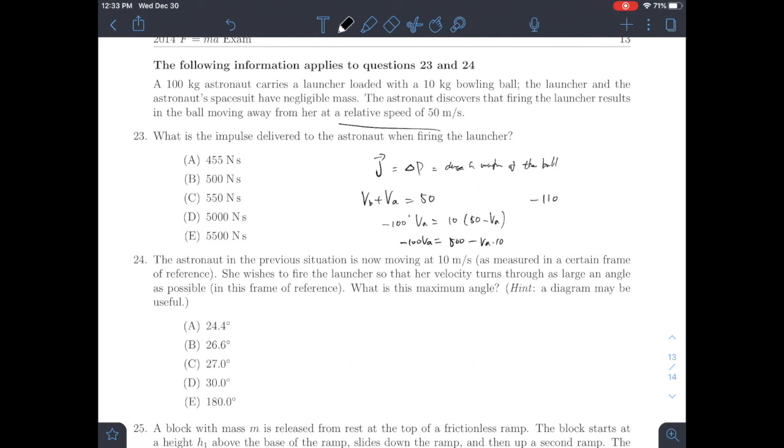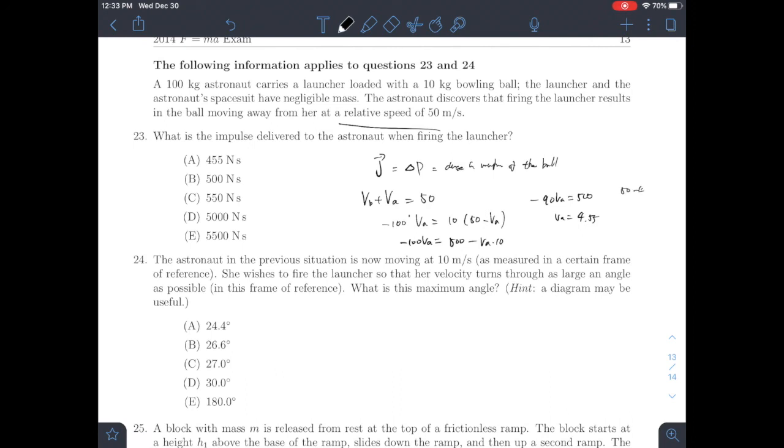Then add 10 VA to both sides. We have negative 90 VA is equal to 500. So what is VA equal to? It's about 4.55 something, right, 4.5555. Then what is VB equal to?